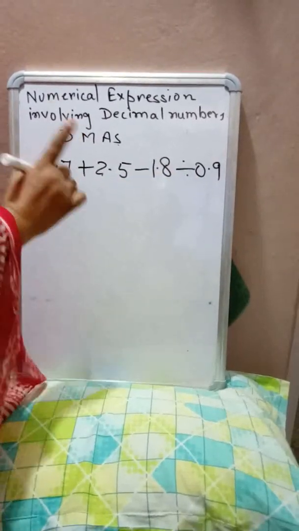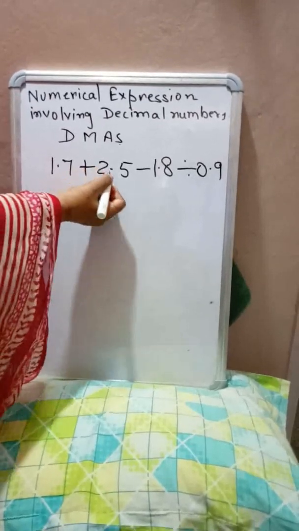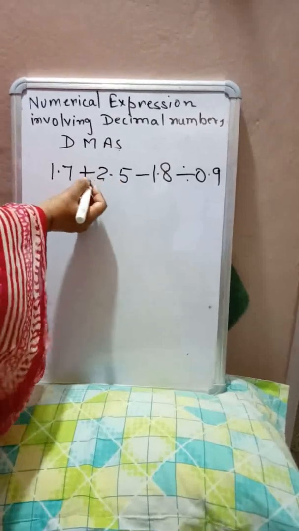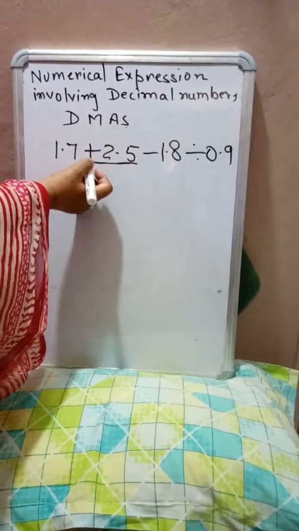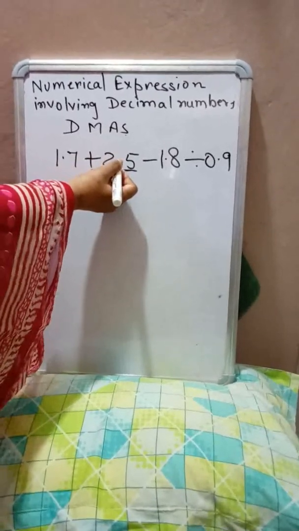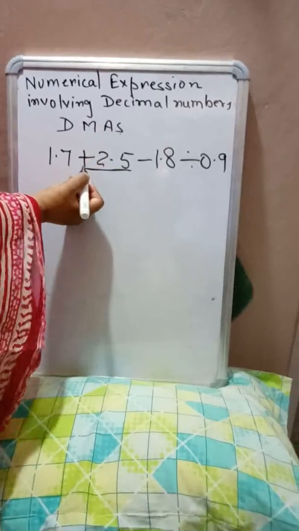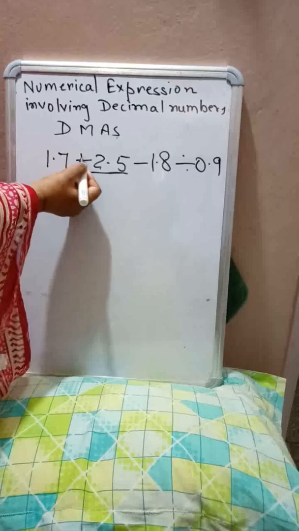So here one thing you have to understand: the digit after the mathematical operation belongs to that operation. Plus 2.5 are together.